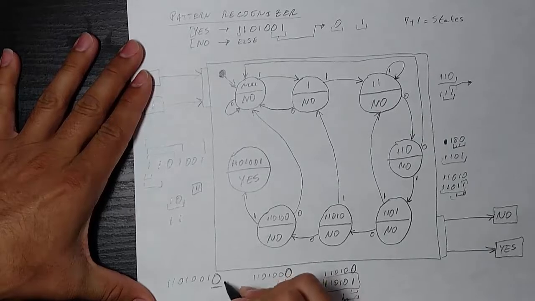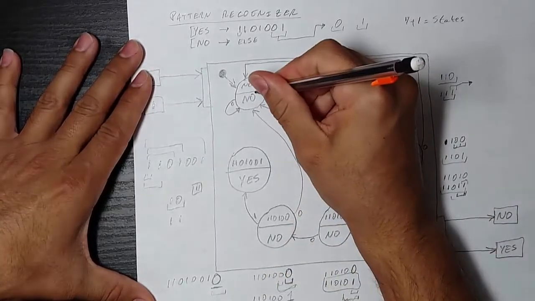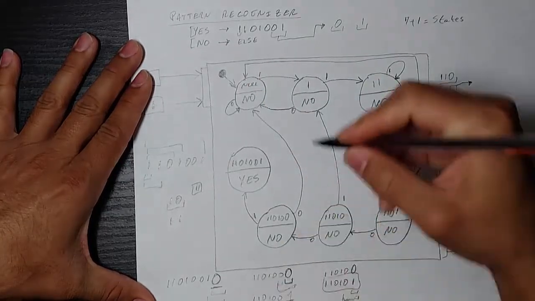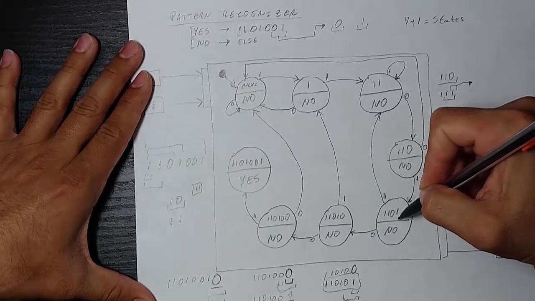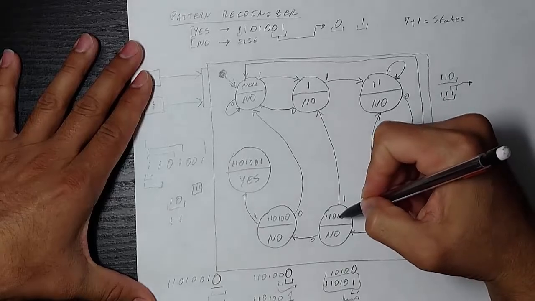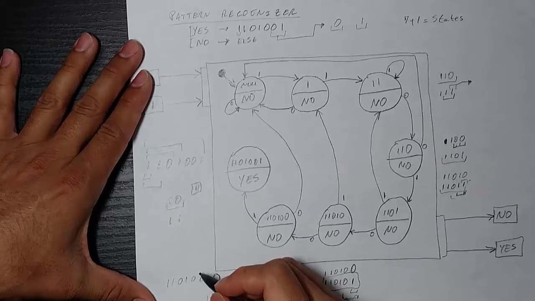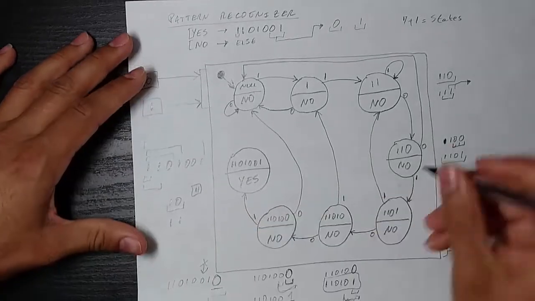What is my next state? So I can save a 0 and go here. I can save a 1 0 and go, no, I cannot save a 1 0. 1 0, here's 1 0, and then the next one must be 1, and it is not 1. So this won't work for this one.